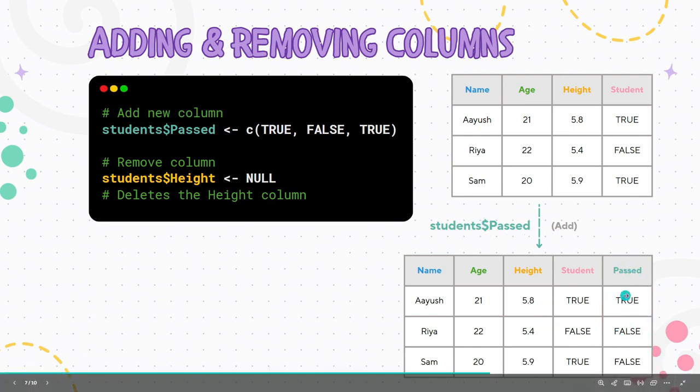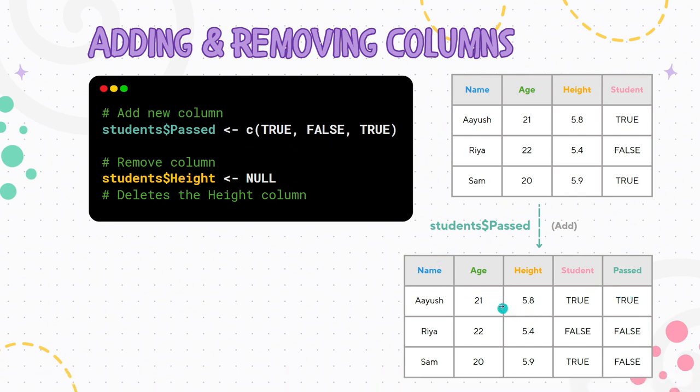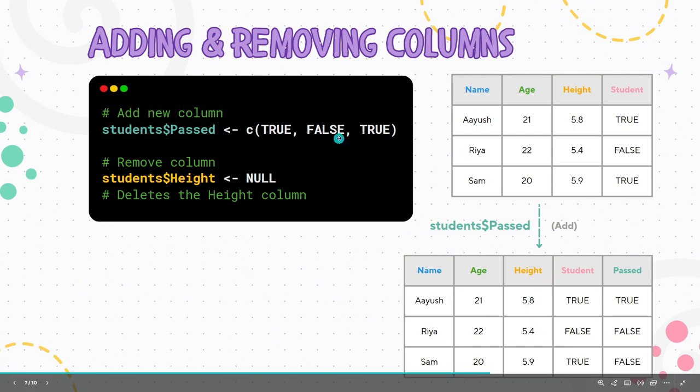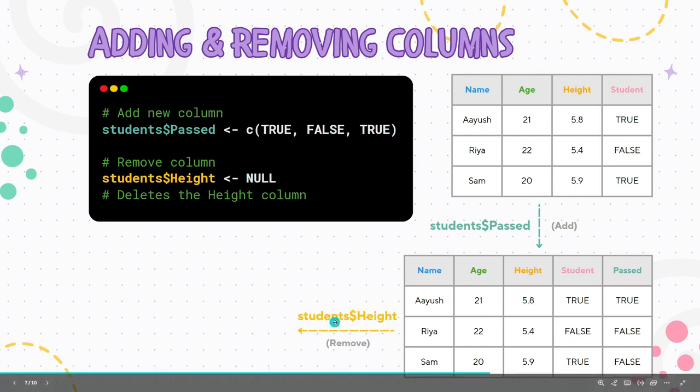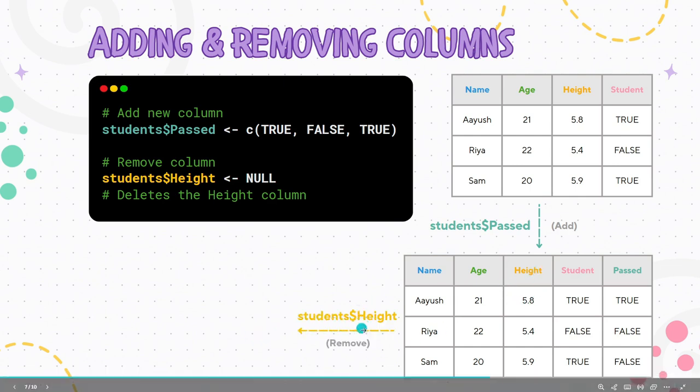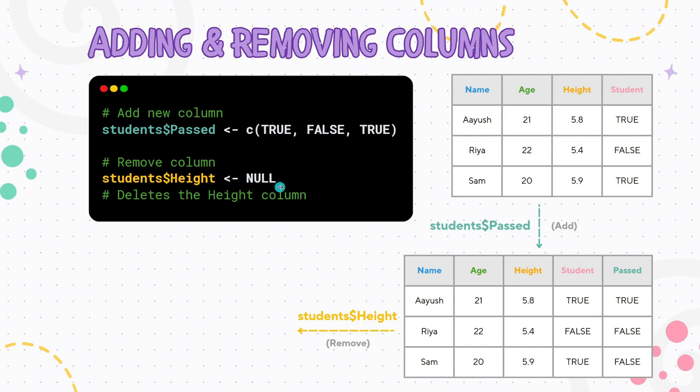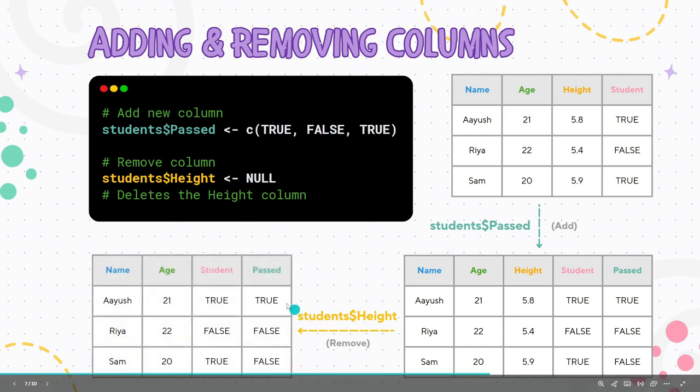And this is what I meant by the number of values should be equal to the previous data frame. Each column inside of our previous data frame had 3 values, right? So when adding a new column, we need to mention 3 values as well. Otherwise, it will give us an error. And if I wanted to remove this height column, I would just mention students $sign height, and then set its value to null. That would remove the height column entirely.